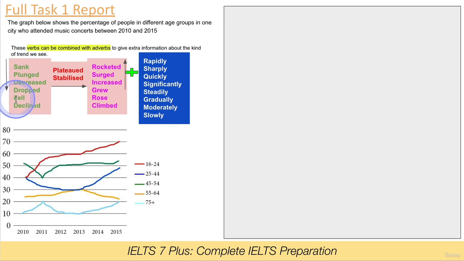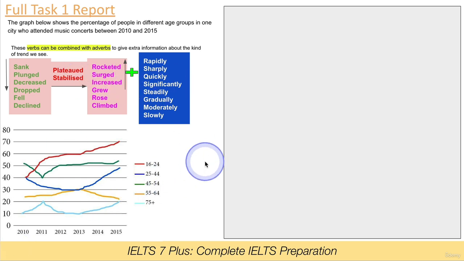So words for decreased, stay the same, increased, and then adverbs at the end to combine with the verbs to make a really strong way of expressing ourselves and reporting back on the data when you use them together.